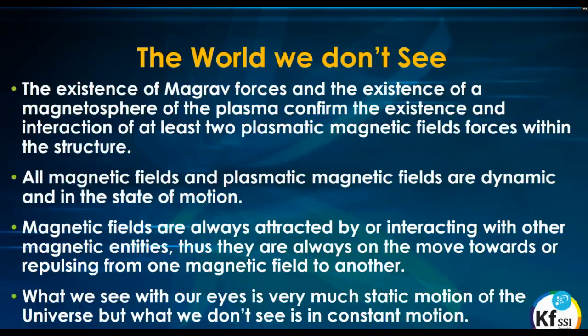These magnetic fields are always attracted by or interacting with other magnetic entities. Thus, they're always on the move towards or repulsing from one magnetic field to another. So what we see with our eyes around us is very much static motion of the universe, but what we don't see is in constant motion.